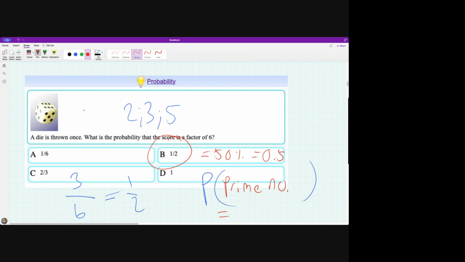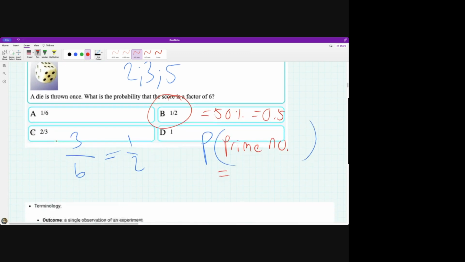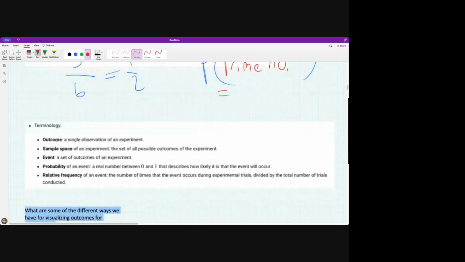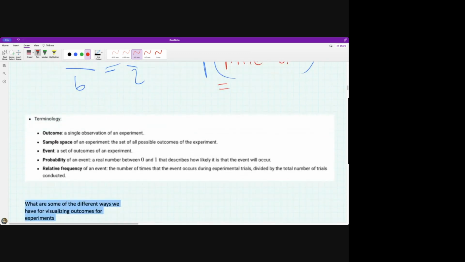Okay, so it seems like the basics of probability are coming back to you, which is awesome. Some basic words that come up in probability would be the outcome. An outcome is a single observation of an experiment. So if you think of the experiment as throwing a 6-sided dice, and a single observation, an outcome would be like throwing a 1, throwing a 2, throwing a 5, and so on.